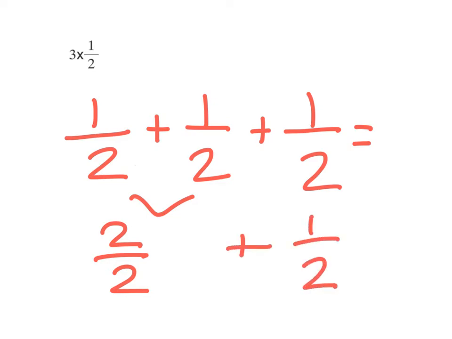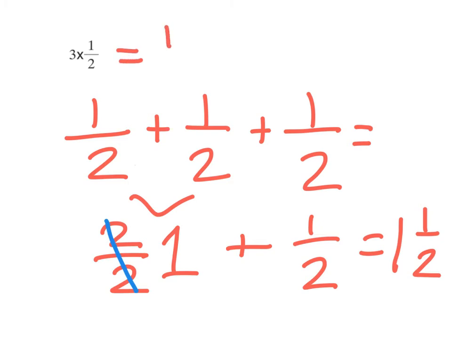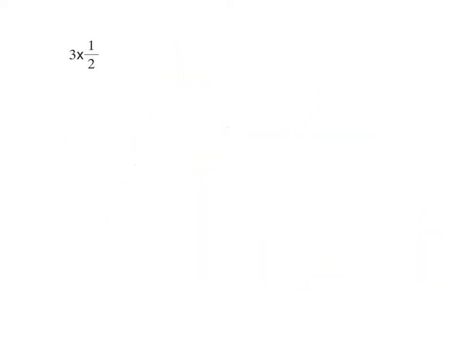I know when the numerator and the denominator are the same, that equals 1 whole. So now I have 1 plus 1/2 equals 1 and 1/2. I got the same answer that I got by using the pictures of the oranges.